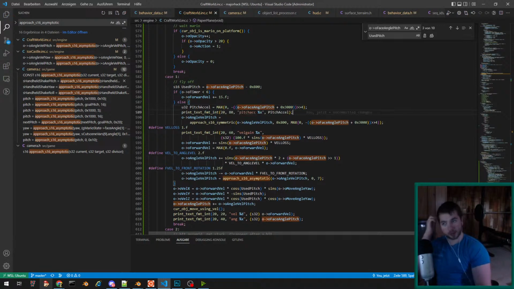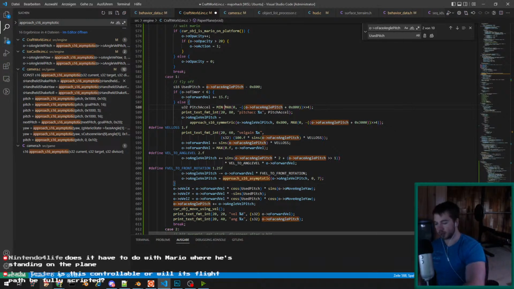So the pitch, we get from this, the pitch acceleration should start earlier, but it needs to depend on phase angle pitch. It probably shouldn't start at 0, but also shouldn't start at minus 0x300. It should probably start maybe around 0x800, and it also needs to be clamped at the top. Otherwise it's gonna go crazy. So we're gonna do something like this.